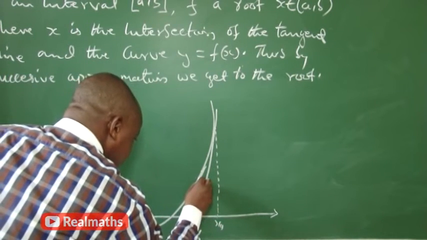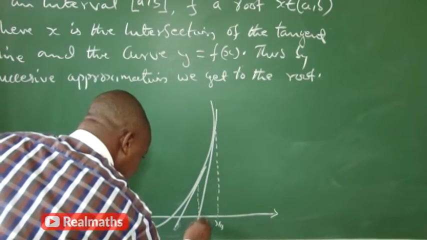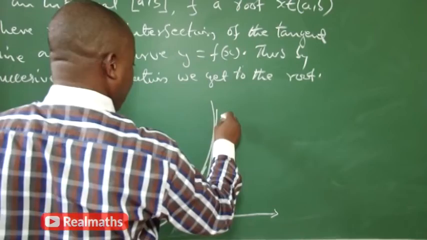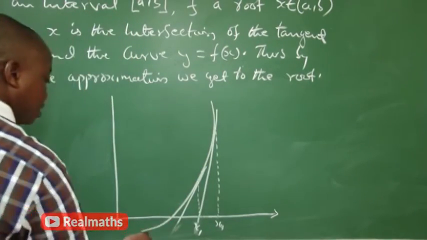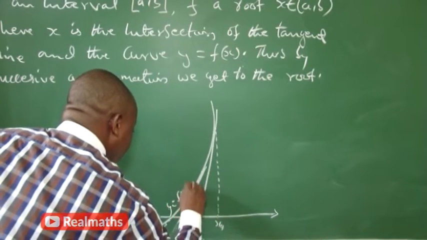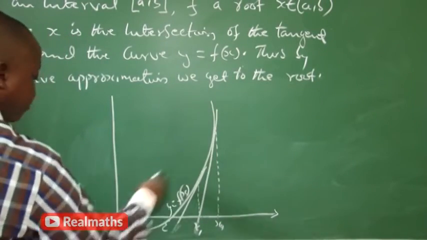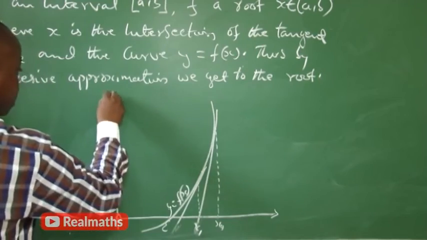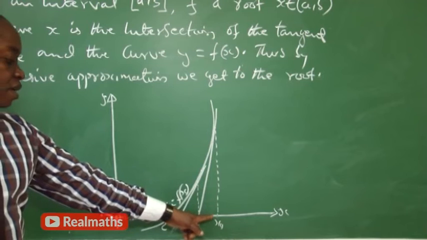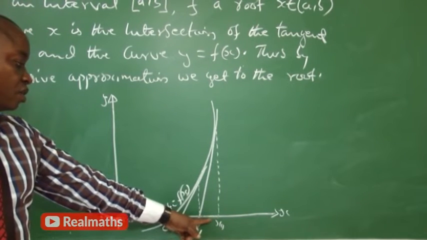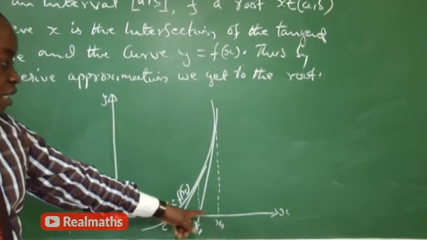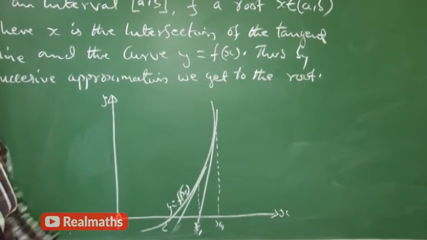There is another point from this particular tangent that approximates to here. This is the tangent, and this place, call it x, and here we have y equals f of x. This is the curve y equals f of x. This is the y-axis and the x-axis. So if we start the iteration from here, you get to the point x, which corresponds with the tangent.